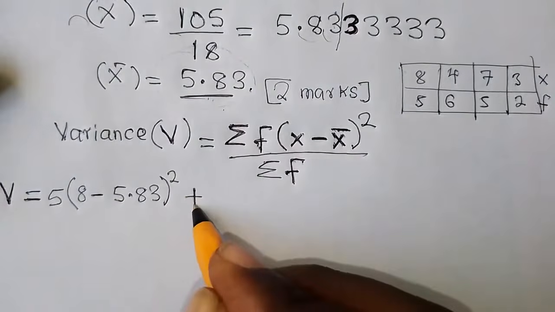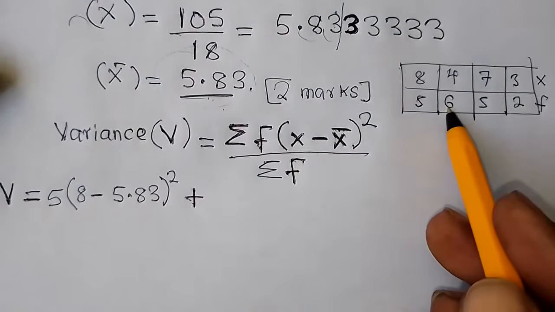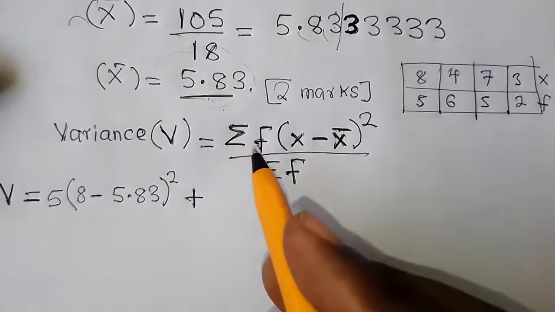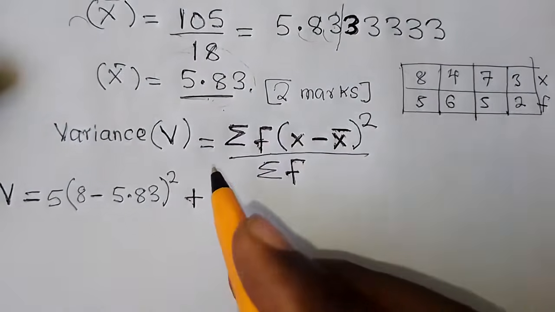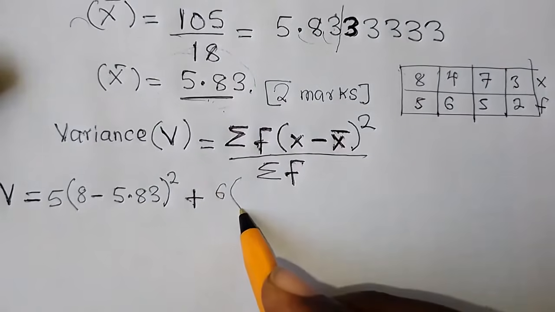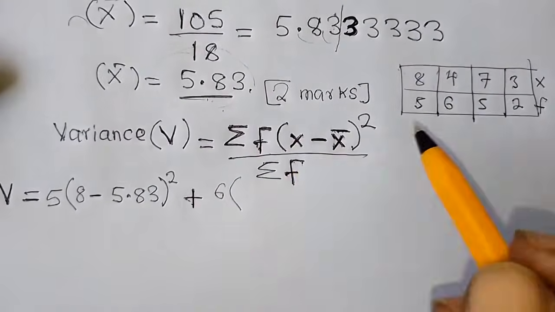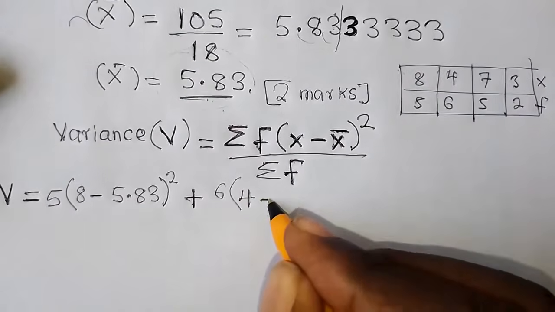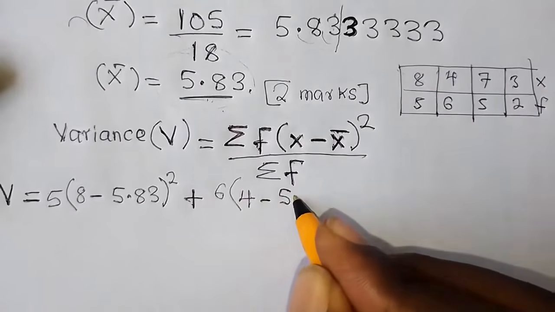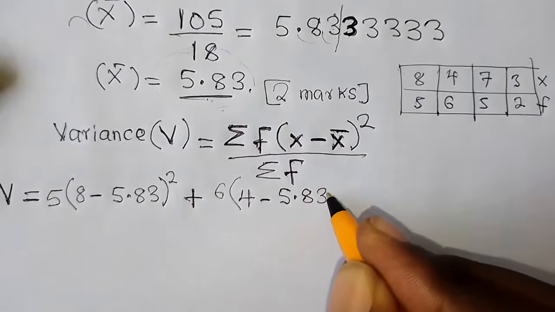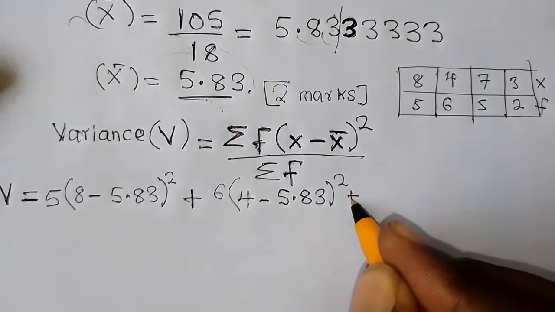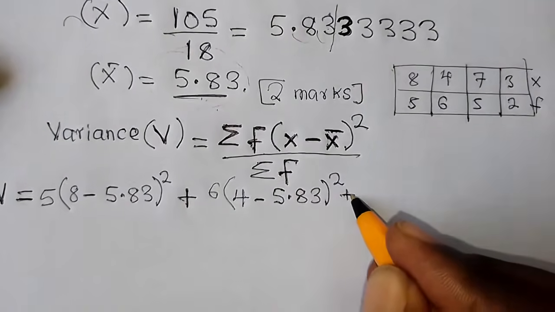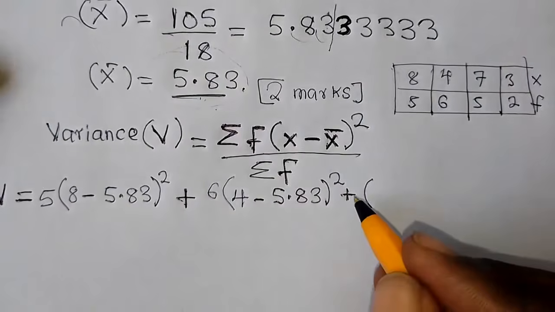Plus, so just be doing this. You move to the next one here. The next one, frequency is what? 6. Open bracket. What is your x? 4, minus mean, 5.83, cross, squared, plus. So you just be going like that. You go to the next one.